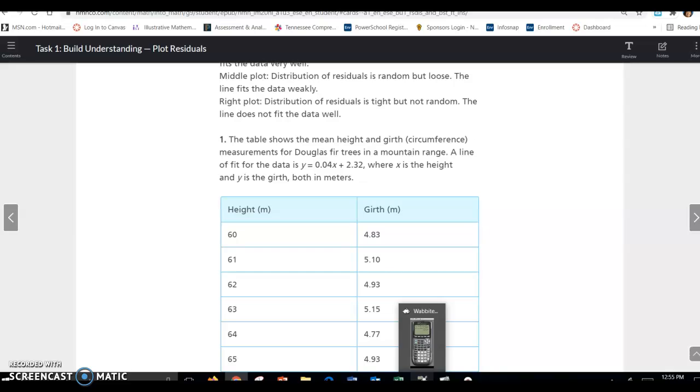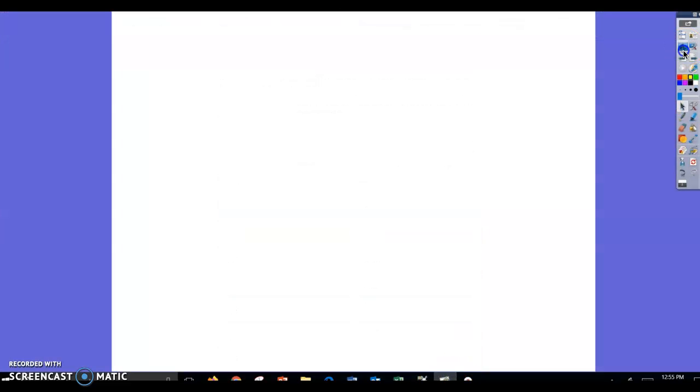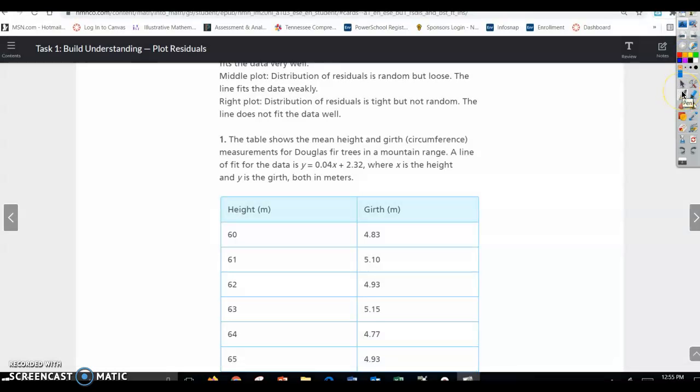So I'm going to use this equation, and instead of x, I'm going to replace it with 60, plus 2.32. I'm just taking this equation and substituting a value in for x. If I do that, I'm going to get 4.72.